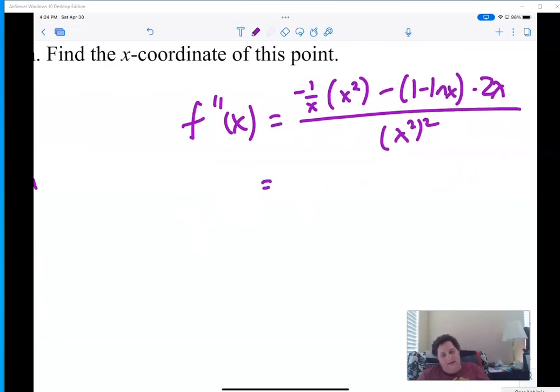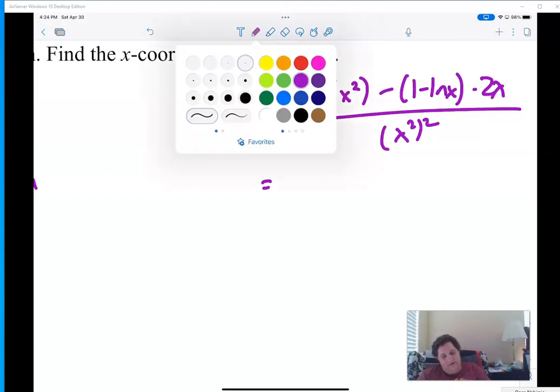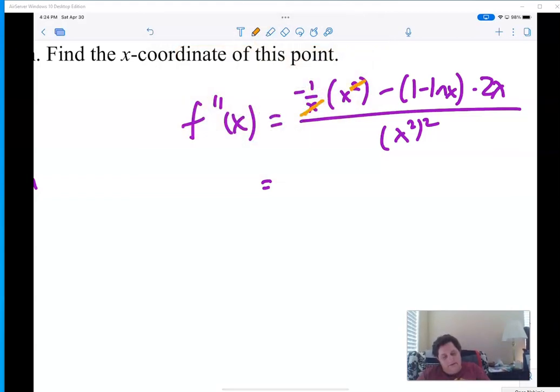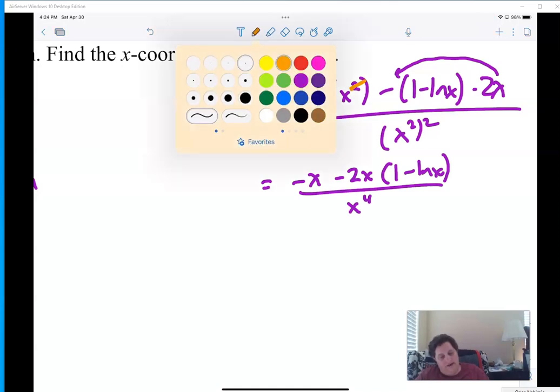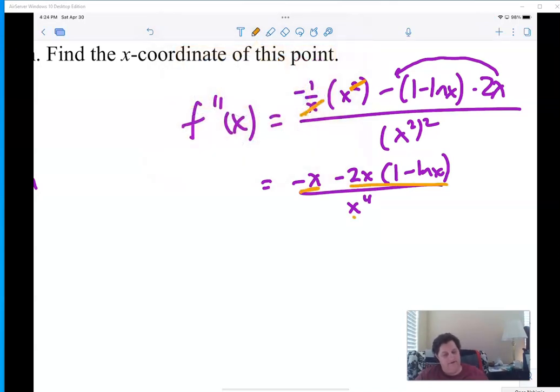Okay, so let's simplify. X, cancel out. So that's negative x. For this, I think I'm going to just go ahead and move that up there. Minus 2x times 1 minus ln x, over x to the 4th. Now look, up here, I have two terms, and I have x to the 4th.